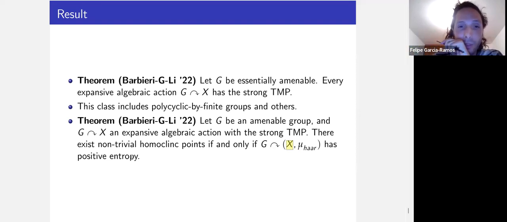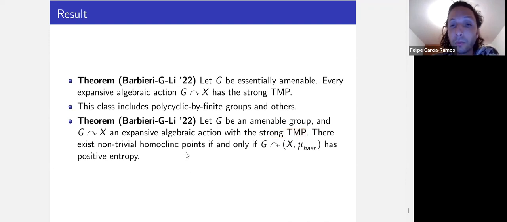Actually, this result is a bit more general, but I didn't want to state it here. This result can be stated purely topologically, but instead of homoclinic points, we use asymptotic pairs. You can show that if you have the topological Markov property, then asymptotic pairs are related to entropy.